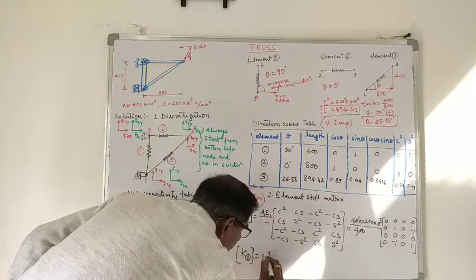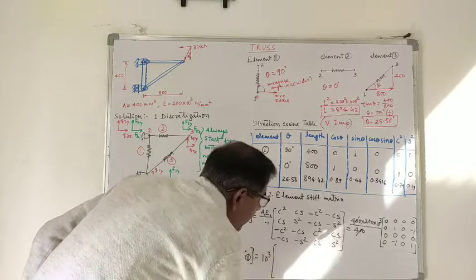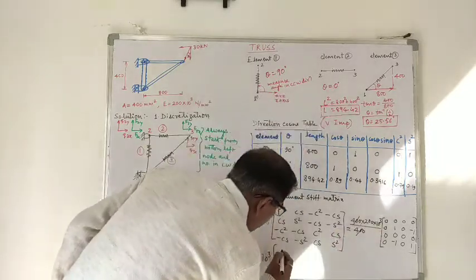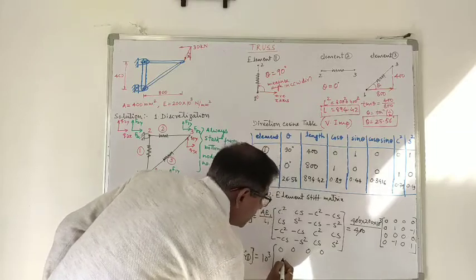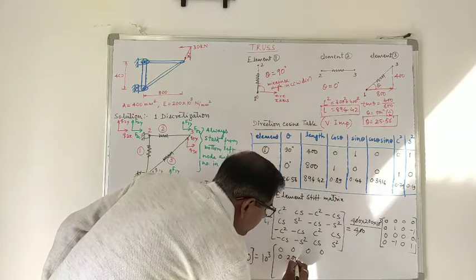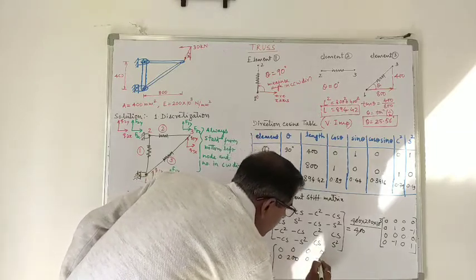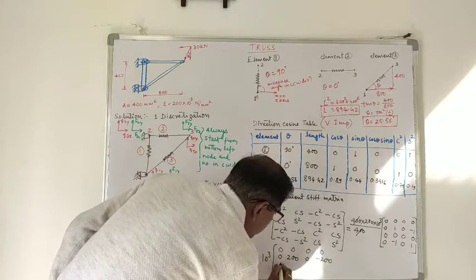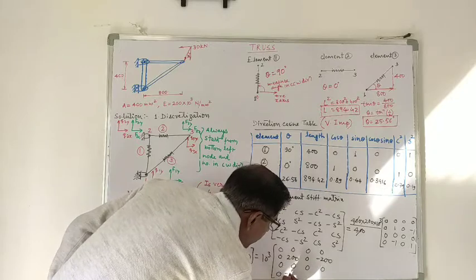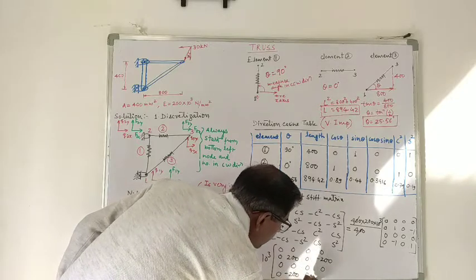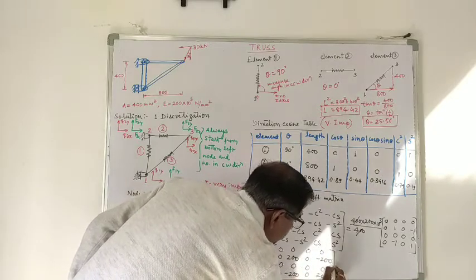So 10 to the power 3 outside the bracket, and inside the bracket it will be 200: 0 0 0 0; 0 200 0 minus 200; 0 0 0 0; 0 minus 200 0 200.